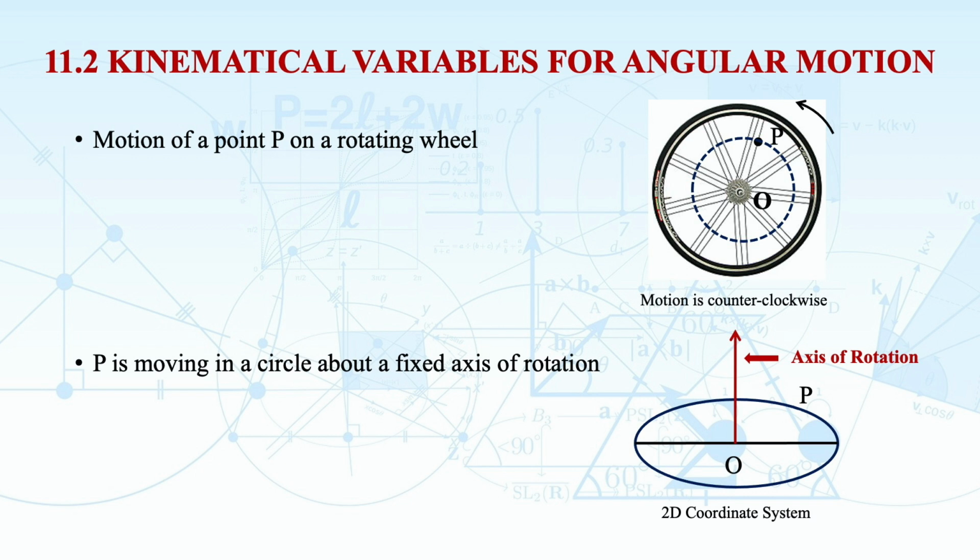Circular motion is motion in a plane, so it can be described by a two-dimensional Cartesian coordinate system. If you consider that the particle is moving in the XY plane, then the axis of rotation, as you can see here, is along the positive Z direction. Once again, I emphasize, I'm talking about counterclockwise motion, and the axis of rotation passes through the center of the circle.